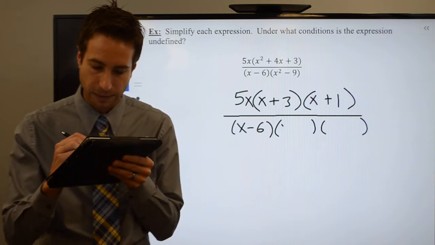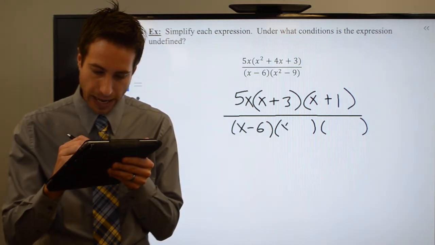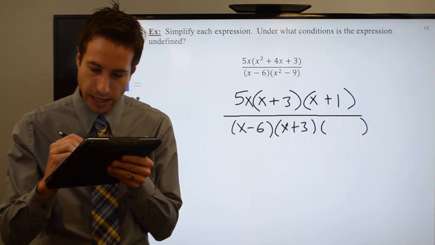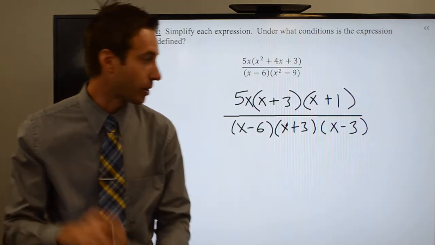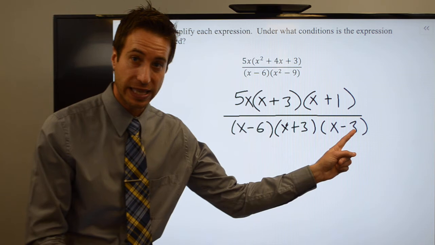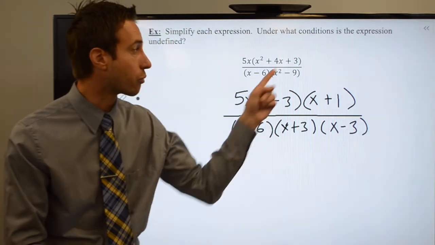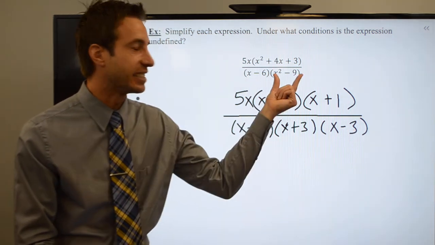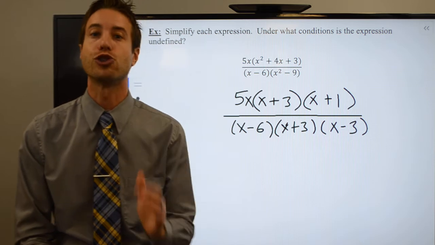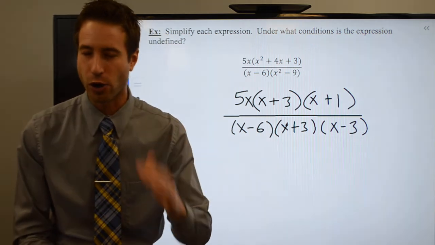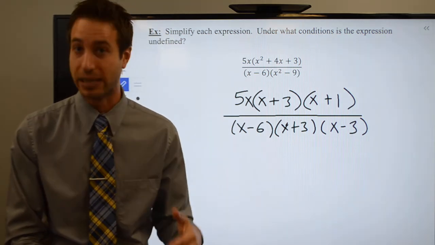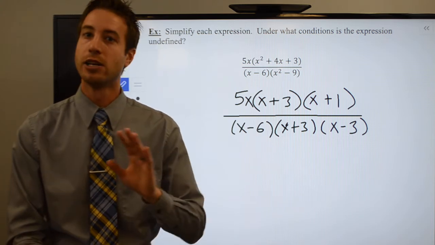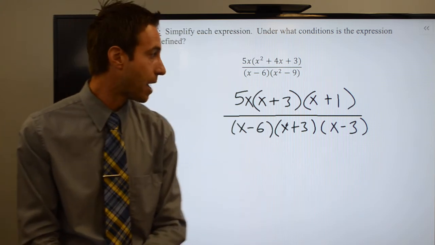So it'll be x plus 3 and x minus 3. Again, if you were to FOIL these together, you get right back to x squared minus 9. Difference of squares is going to show up over and over and over in this chapter. I really like difference of squares a lot, so you're going to see it plenty.